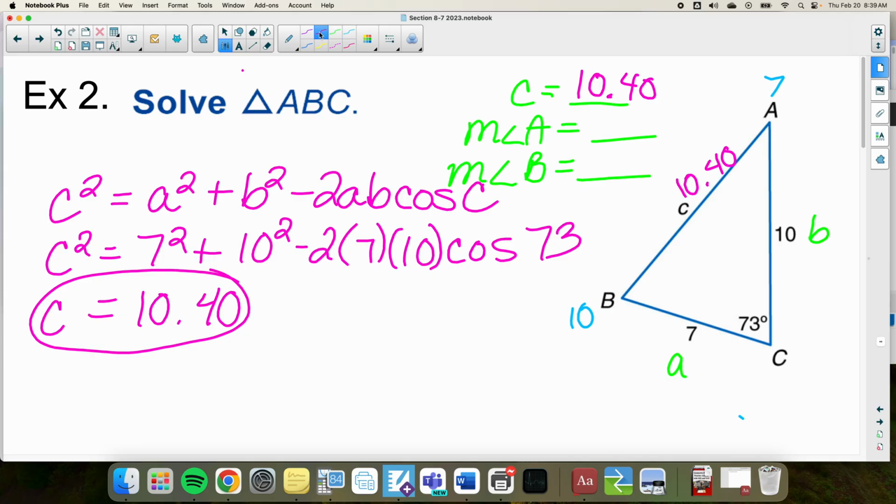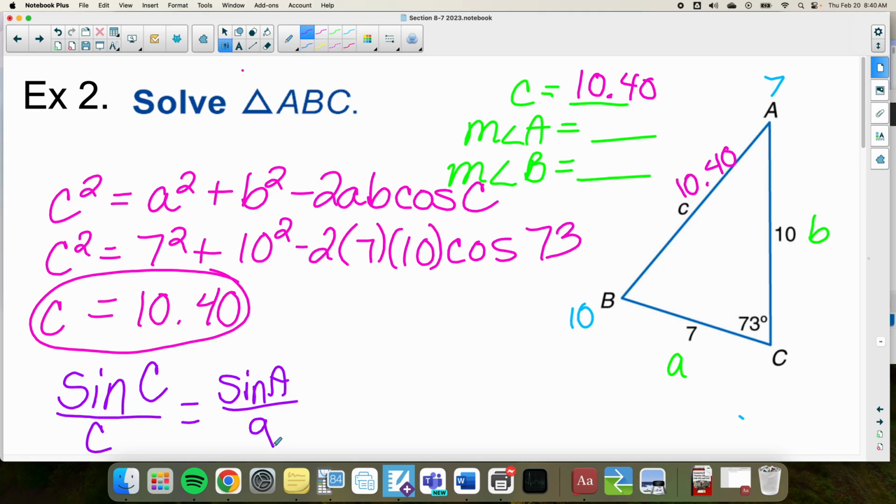Now we're doing law of sines, okay? So we're gonna go sine, and you always have to know one angle and its opposite side. So we're using C and little c. And then that equals, we decided we have to use A, so sine of A over little a. Now one thing I've seen kids get confused on, you guys, in this first part you're using your cosine.